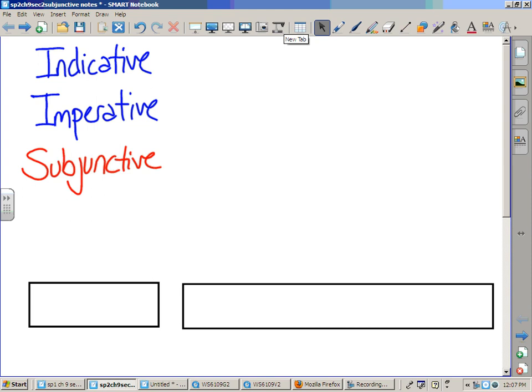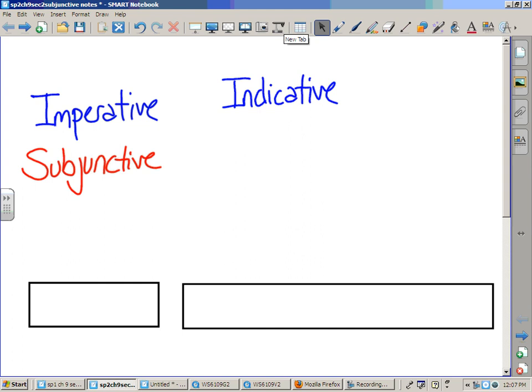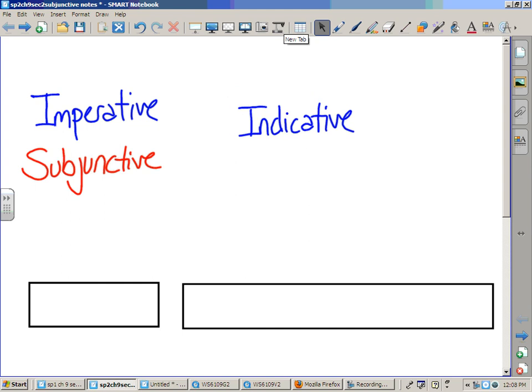If I indicate something to you, what does that mean, Danny? It's like just telling, right? Like you're informing, okay?